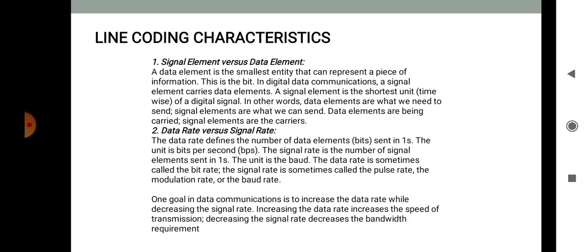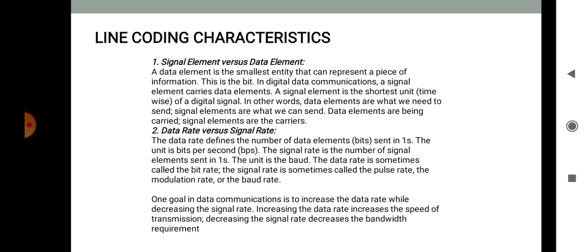Then line coding characteristics. The common characteristics of line codings are: first, signal element versus data element. A data element is the smallest entity that can represent a piece of information. This is the bit. In digital data communication, a signal element carries a data element.